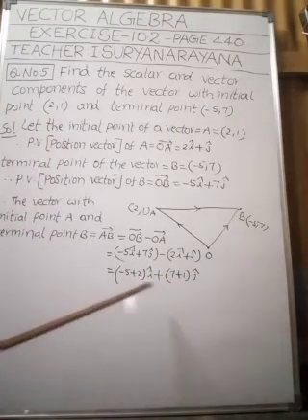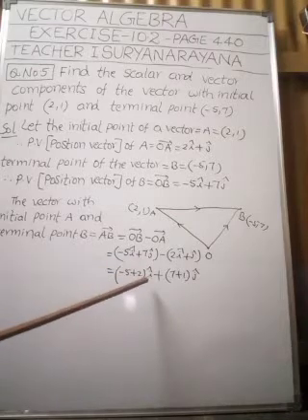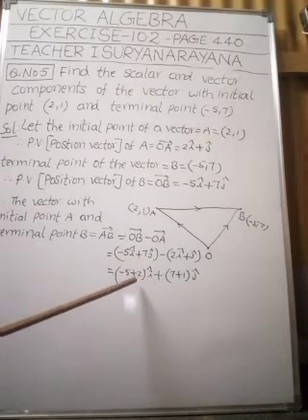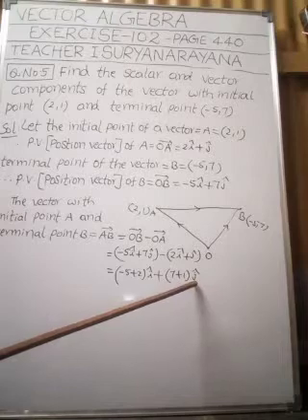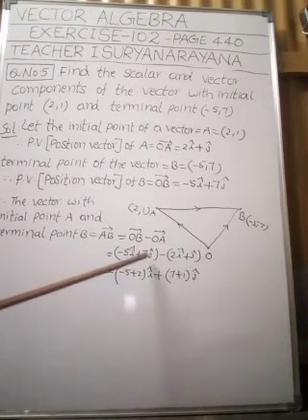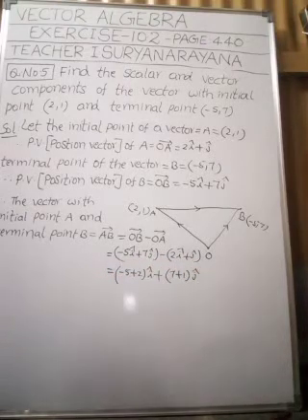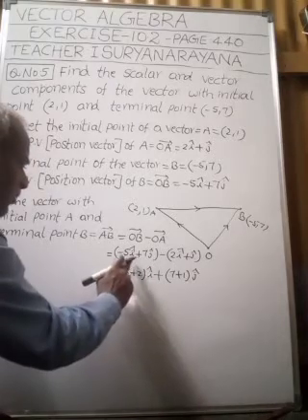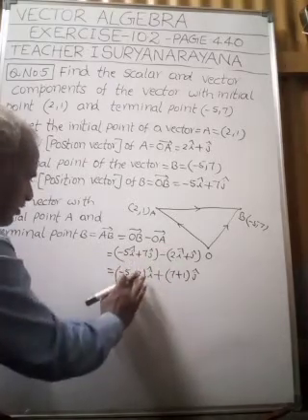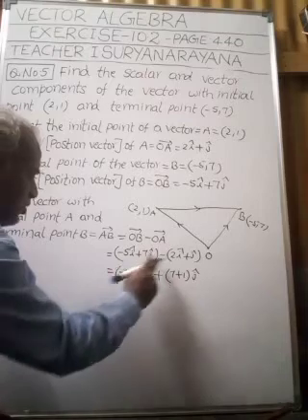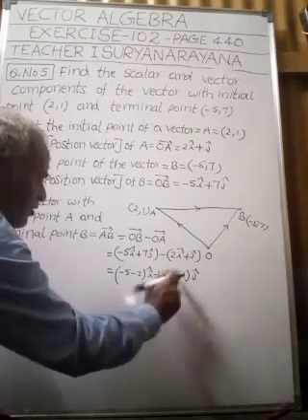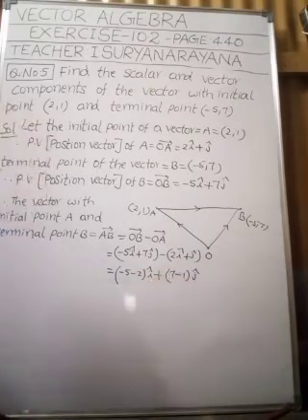Understood this step, my children? I have taken i cap coefficient as a common factor, and j cap as a common factor from the terms. Here minus 5 minus 2, here 7 minus 1. Okay, my children?